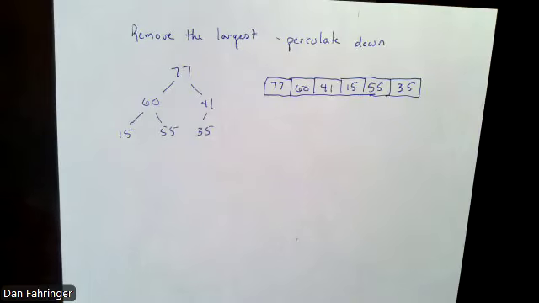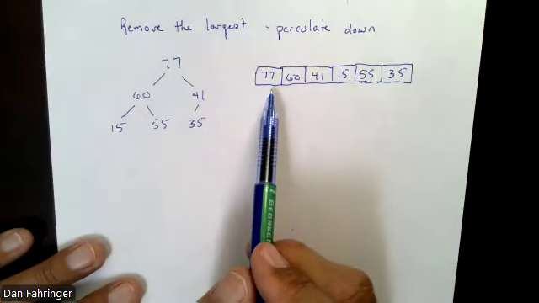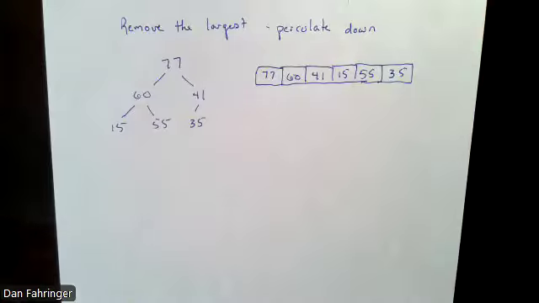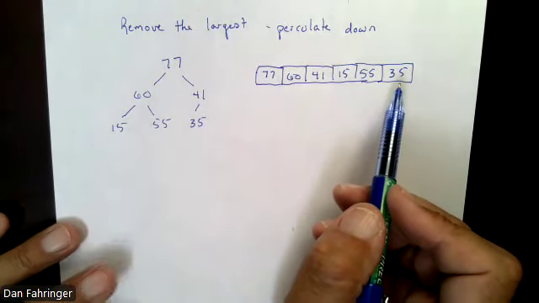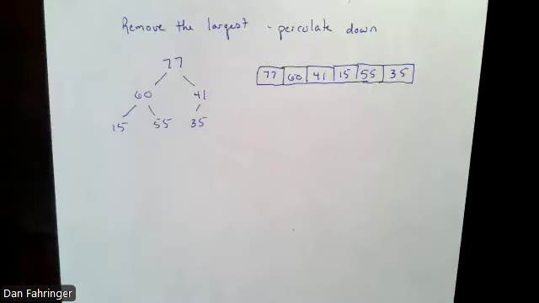Now, what we're going to do here is remove the largest, but I don't want to throw it away. So where would the largest need to go? Well, the largest is in the first spot. Where would the largest go? To the end, right? So now I'm going to switch 77 and 35.